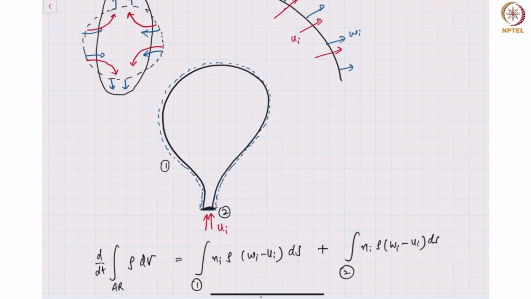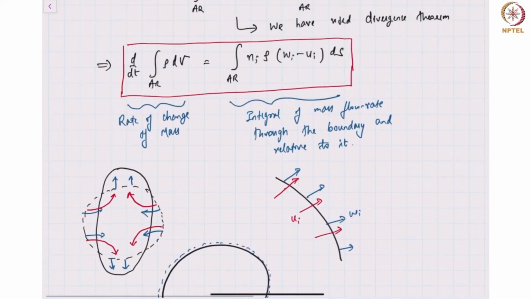So wi is again 0, but ui is opposite to ni. So in the second scenario, you can actually have a boundary which is varying. This equation, highlighted in the box, relates the rate of change of mass to what is happening at the boundary, meaning it takes care of the mass flow rate through the boundary and relative to it.